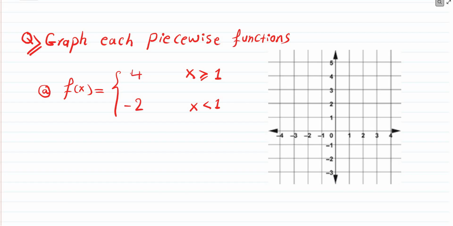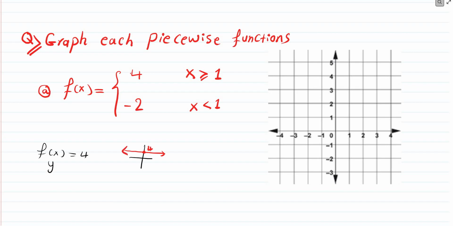Okay, dear students, right now I'm going to teach you how to graph piecewise functions. Look here. Before, when we had f of x equals 4, or y equals 4, y or f of x is the same meaning, the graph was a horizontal line passing through 4 on the y-axis, right?